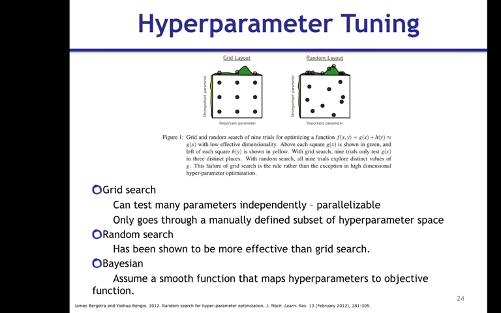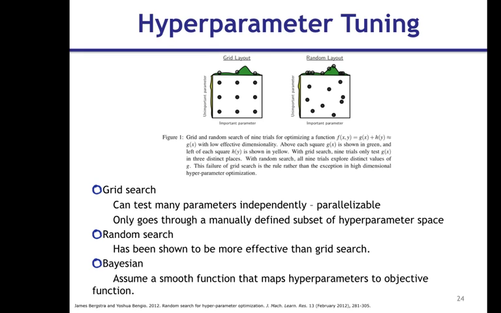So one way of doing it is grid search, where you define a range of values for each parameter and just imagine it as a grid in that n-dimensional space and go over each combination. The good thing about this is that all of them are independent, so you can parallelize this and see whichever works best.